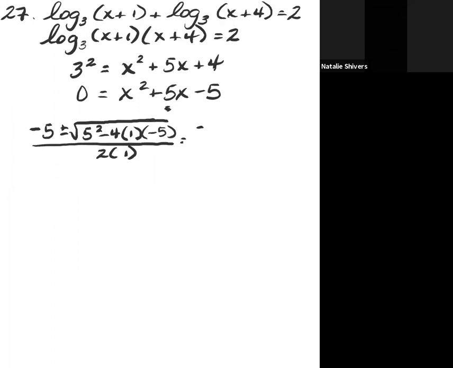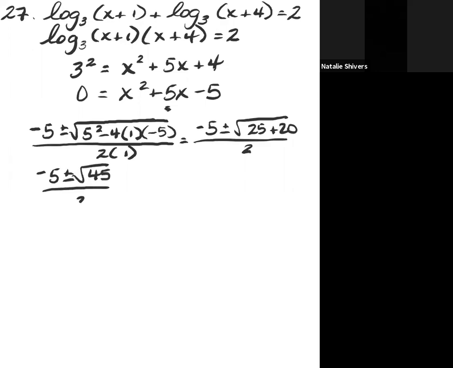So negative 5 plus or minus the square root of 25 plus 20, over 2. Negative 5 plus or minus the square root of 45, over 2. That has a perfect square. It's 9 times 5, so I get 3 root 5 over 2.